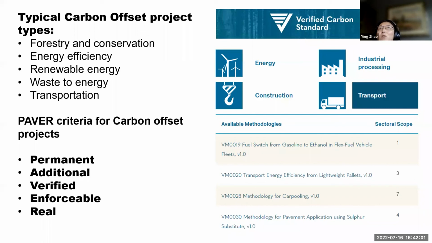The methodology is published and they must follow it, since a wrong methodology can lead to unreal reductions. So if you buy verified or certified carbon offsets, that ensures your purchase is real and meets all these requirements.